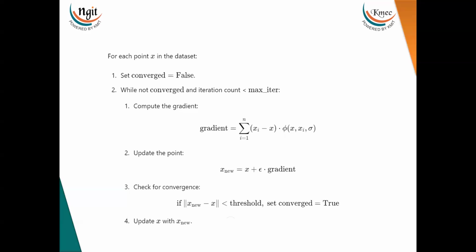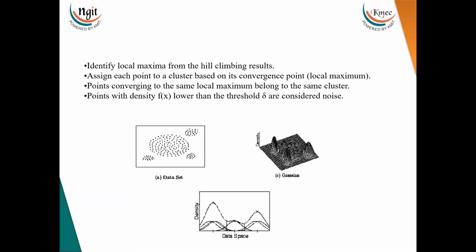This convergence is checked with the threshold value. When you take the difference between the new value and the input, if it is less than the given threshold value, then we say that the data points have converged. If the data points have converged, we'll set it as true, and we'll update the old input with the new input, and then we'll calculate the gradient.